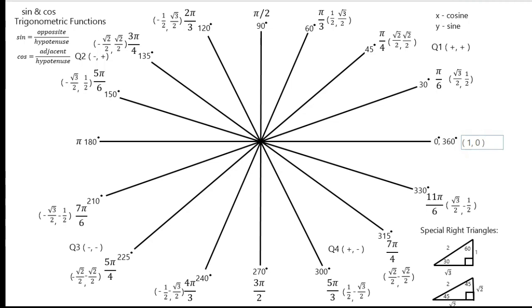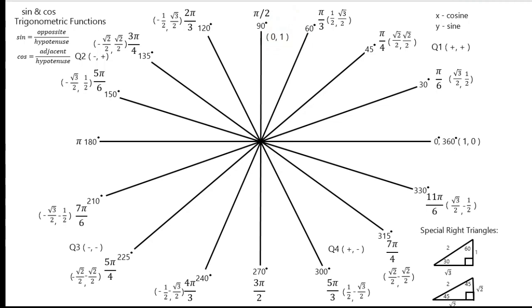So I haven't given the values yet. Here, it is just going to be 1, 0. And then here at the half, the sine 90 and cosine 90 is just going to be, oops, I glitched. Because this is going to be 0, 1.